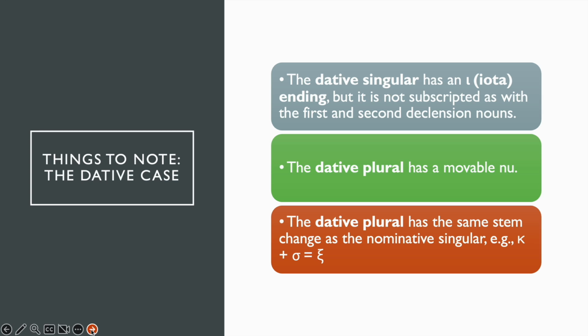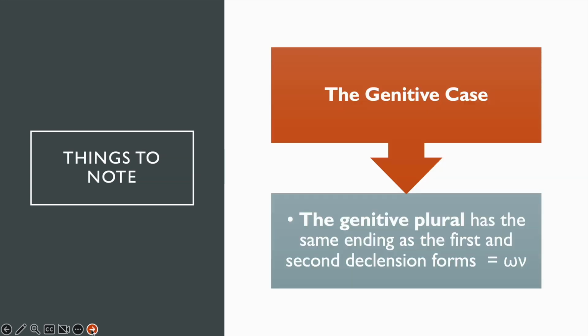A kappa plus a sigma produces an xi, and in pneuma, the tau dropped in the nominative singular because it was the end of a noun. In the dative plural, it drops because it encounters a sigma, and that's the way all dentals respond. Also note the genitive plural has the same ending as the first and second declension forms, an omega nu.